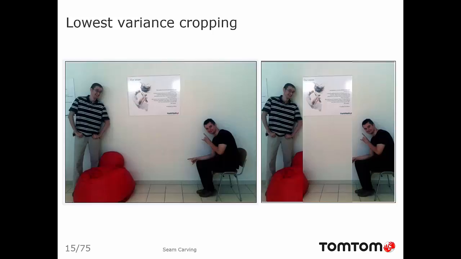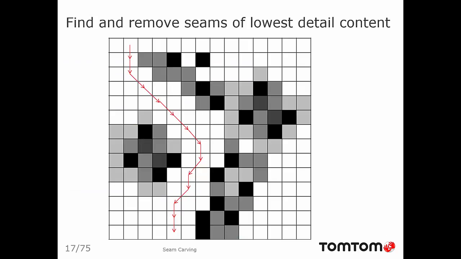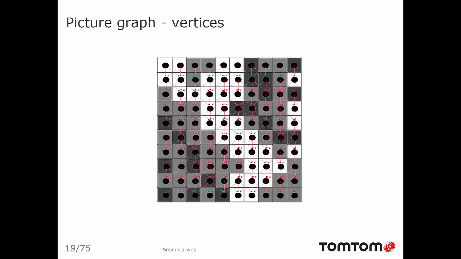So that's how we come to the solution, which is the main topic of our presentation. What we can do is find nonlinear seams of lowest variance or energy and carve them out of the picture, which is called seam carving. How are we going to do this? Let's, for simplicity, assume that our contest picture is now a 10 by 10 image, and we construct a graph in such a way that every pixel corresponds to one vertex.